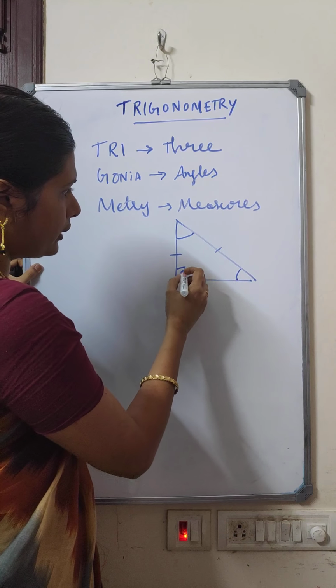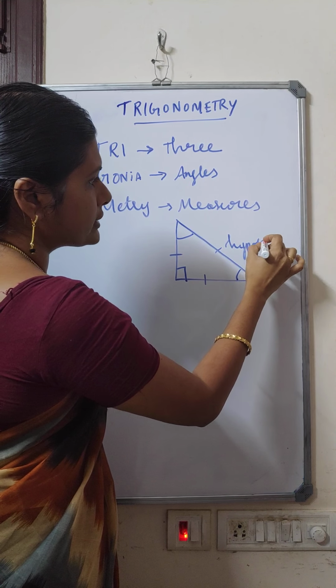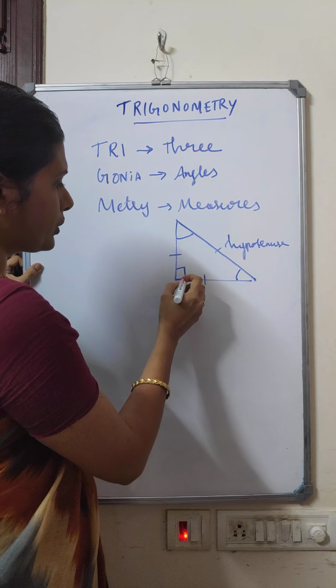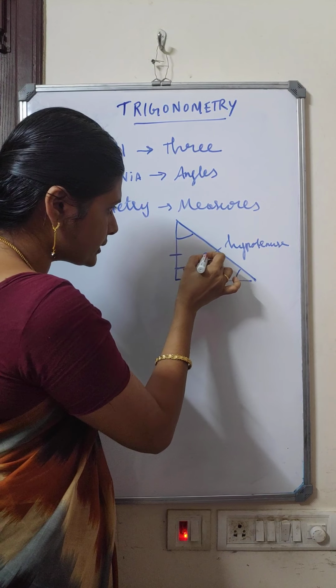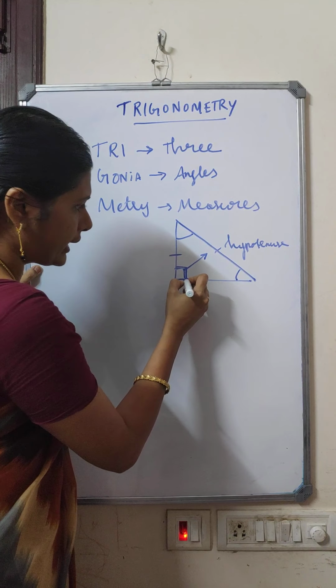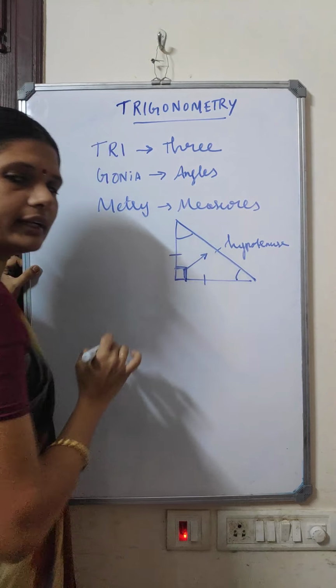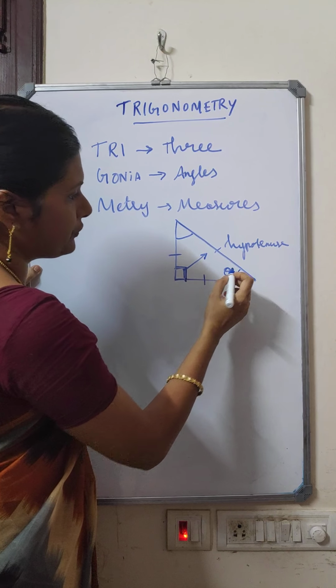You already know this is the hypotenuse. Why am I telling it is the hypotenuse, guys? Because this is 90 degrees. The largest angle has the longest side opposite to it. Right. So this is the hypotenuse.